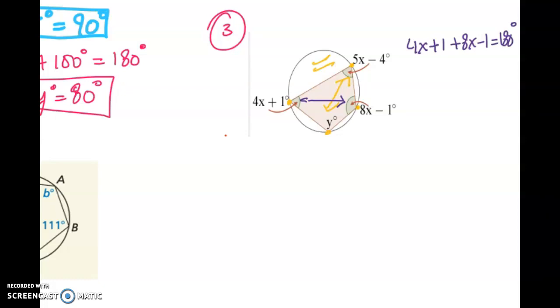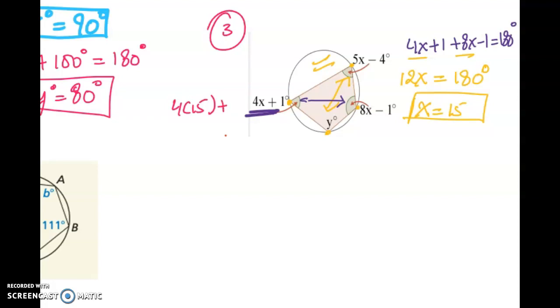If I solve it further, 4x plus 8x is 12x, and plus 1 and minus 1 will cancel off, and 180 degrees. Using a one-step equation again, dividing 12 on both sides, I will get x is equal to 15. When x is 15, can I identify these two angles? Let's plug it here.